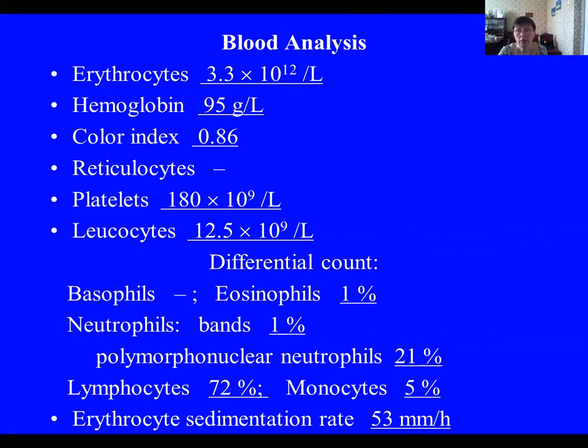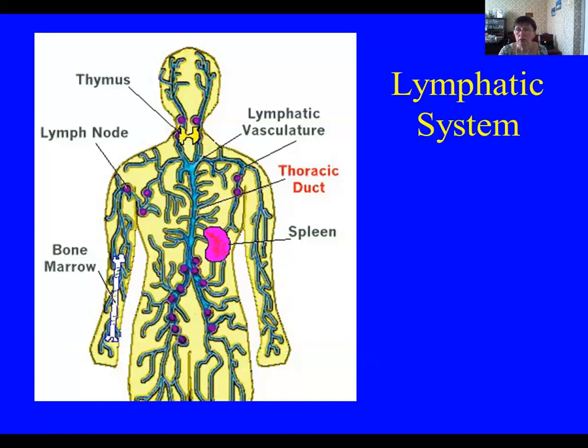It means that here we see not only anemia, but also there may be some problems with lymphocytes, maybe lymphocytic leukemia, and this may be the cause of reduction in production of the erythrocytes. So if we speak about hematologic diseases, we need to mention the lymphatic system, of course, not only the spleen, but also the lymph nodes.